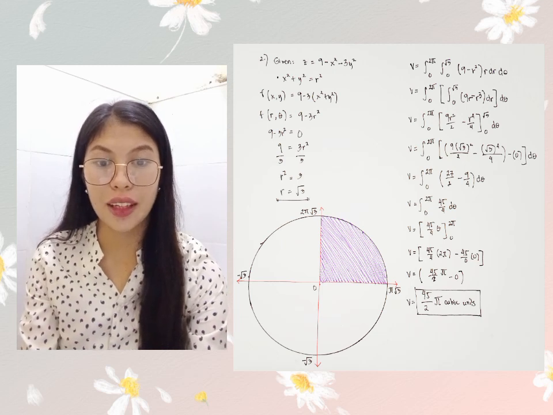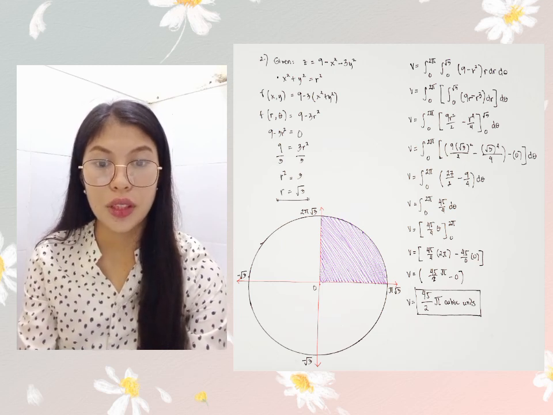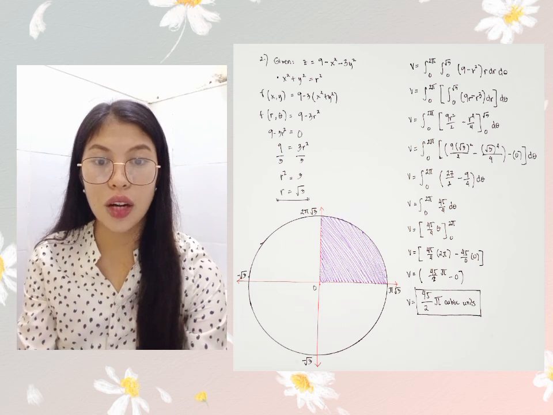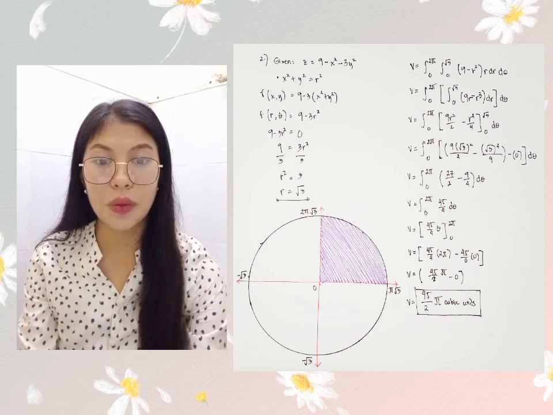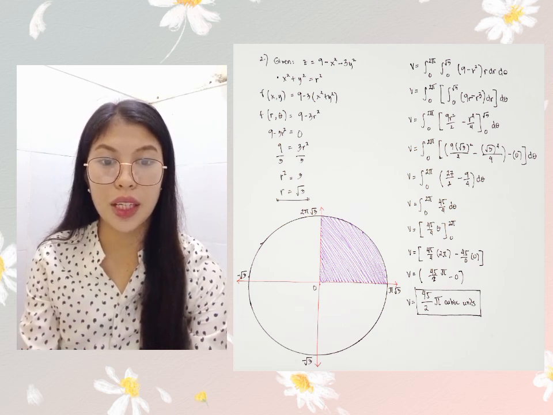First, before we integrate, we have to get the antiderivative of our value. So we have 9r squared over 2 minus 3r to the power of 4 over 4. So we plug in the square root of 3 and 0.